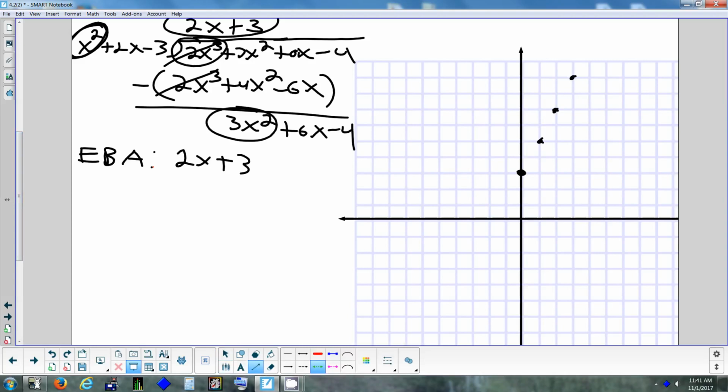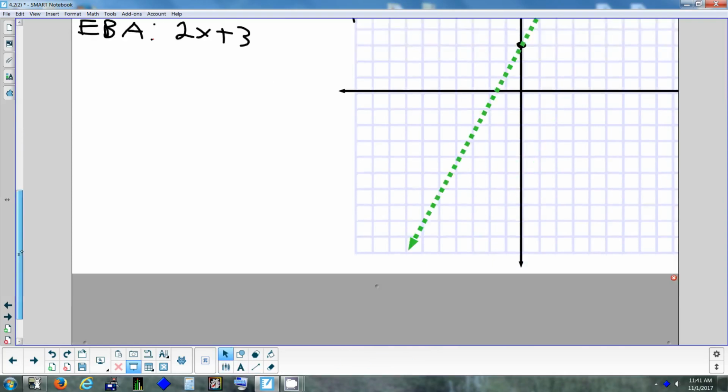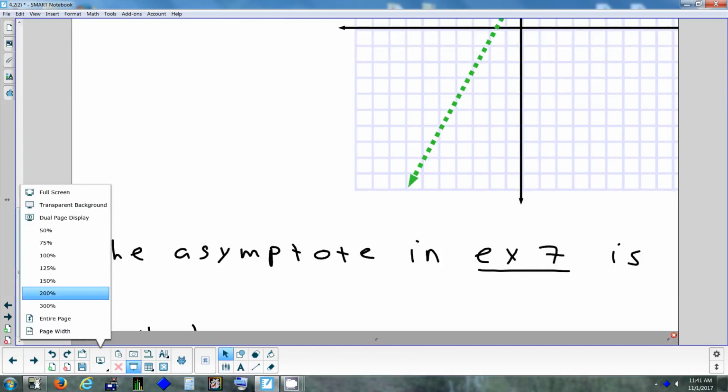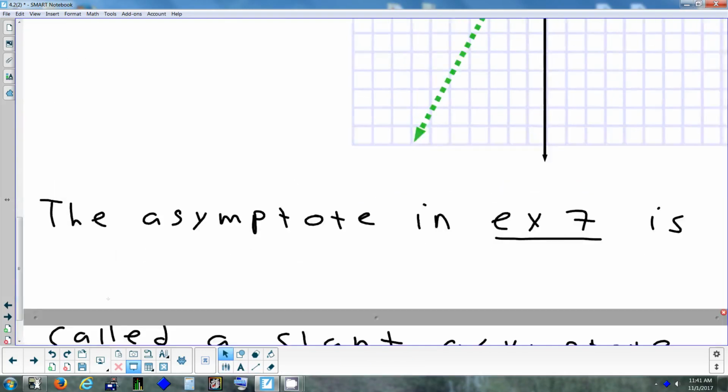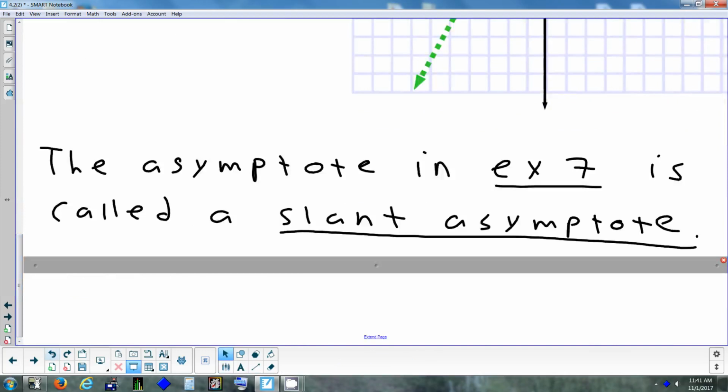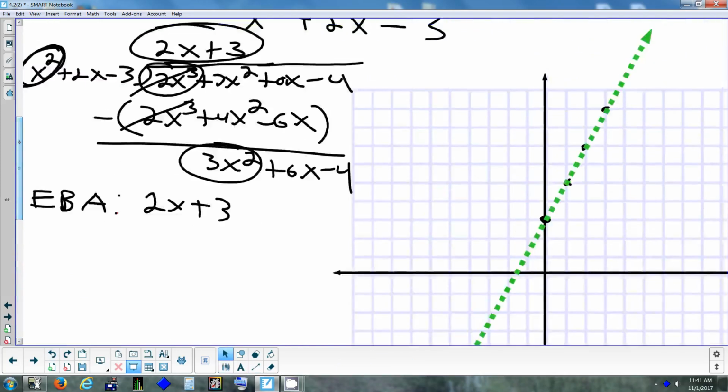And for your EBA, that's it. So it's not as bad as a parabola. That's our EBA. And it's a slant. In fact, it's called a slant asymptote, and I'll mention that in a second. Okay, so that's a slant asymptote.